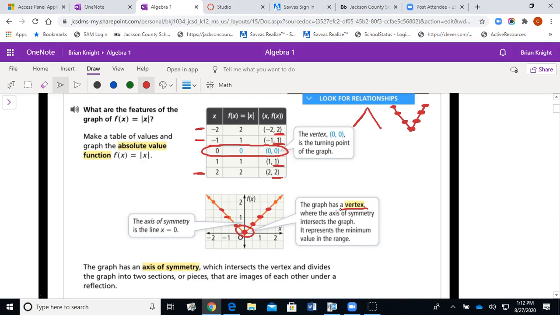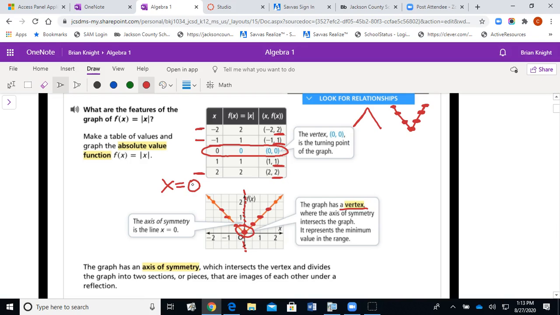It can be any line that cuts it in half, okay? It just so happens on this particular one, what is the axis of symmetry? What's cutting that in half? The y-axis, okay? That's also referred to as x equals 0, okay? So, very important here. The x part of your vertex is always your axis of symmetry. I'll say that one more time.